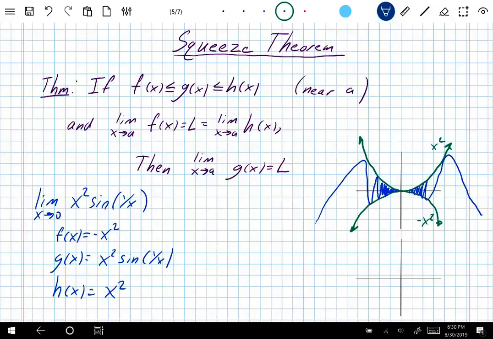The limit of negative x squared as x goes to 0 is 0. The limit of positive x squared is also going to be 0. They're touching right there. And that tells us that this function right here also has a limit, which is 0. It's not defined there, but it still has a limit. So this is a hole right here because the left and the right limit agree, even though it's not in the domain. Great. That is the squeeze theorem.